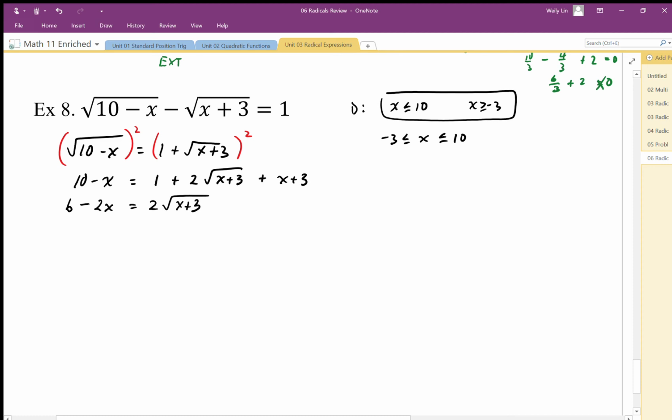Okay, so just double check our accounting. 1 minus 3 is negative 2... -1 minus 3 is -4, so we get 6. Minus x is going to give us negative 2x. Now, this extra 2 we can get rid of by dividing both sides by 2. That just simplifies the equation and makes it a little bit easier to work with.